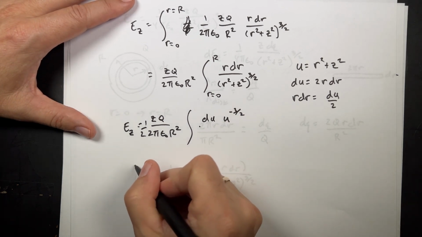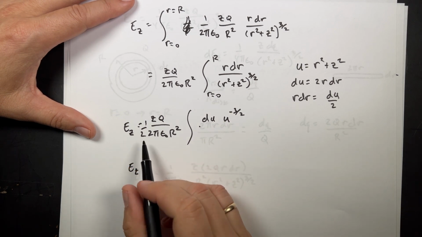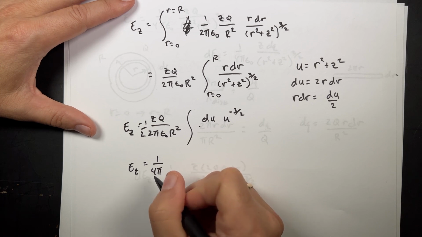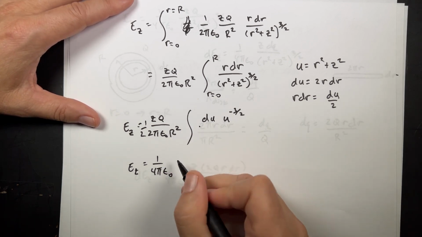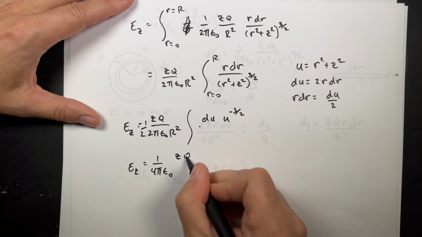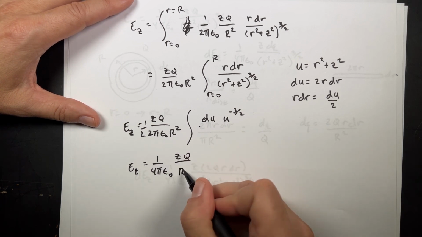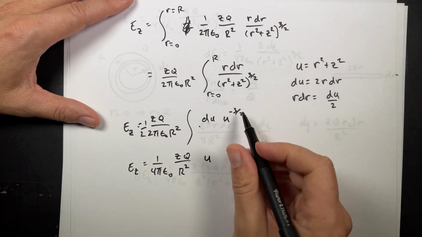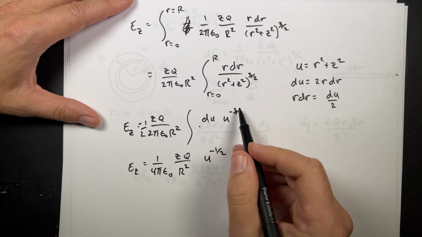So let's integrate this. I get Ez equals, now I'm going to multiply those two together, 1 over 4 pi. I feel like there shouldn't be a 4, but I don't know. Epsilon naught zq over r squared. And then this is going to be u. If I add 1 to the negative 3/2, I get u to the negative 1/2, right?